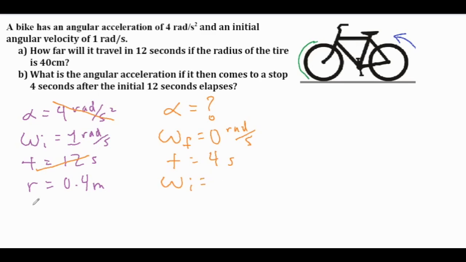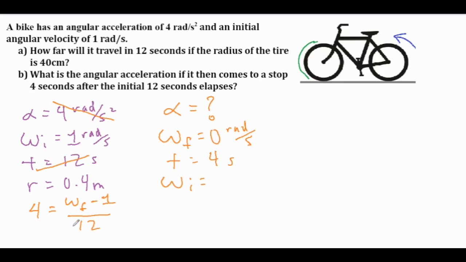I'm going to take the angular acceleration of 4 equals omega final minus omega I over 12. Okay, and then with that setup, I can find the final angular velocity of the 12-second interval. And where that 12-second interval ends is where this one starts.